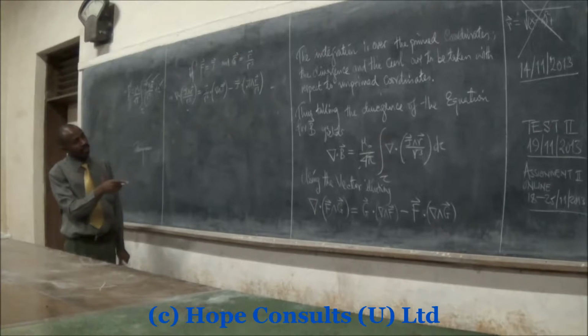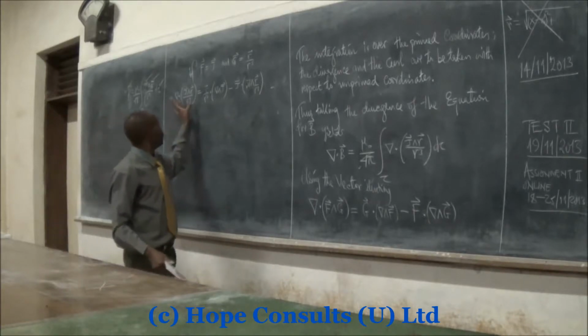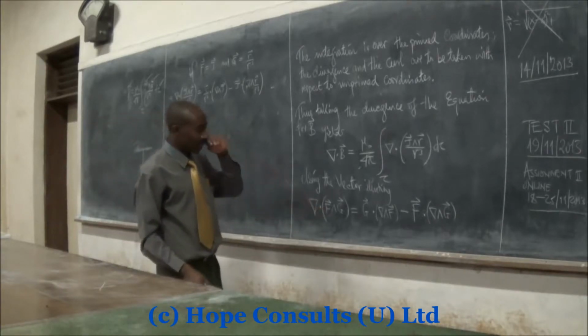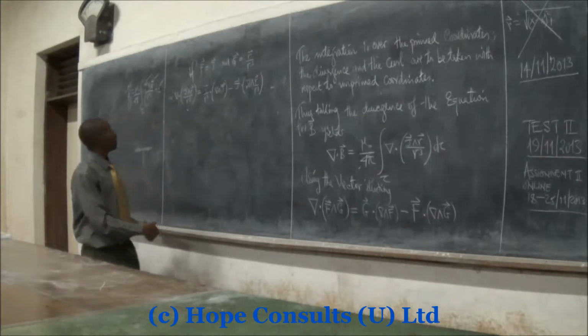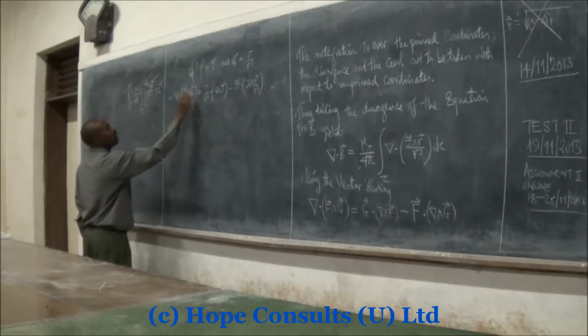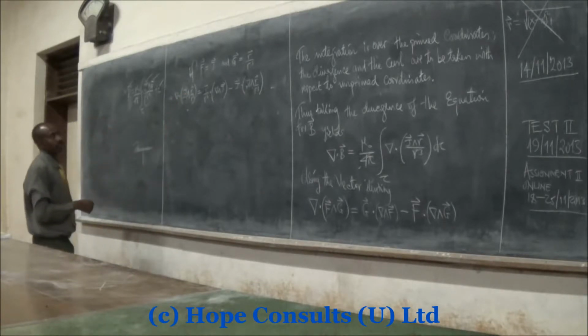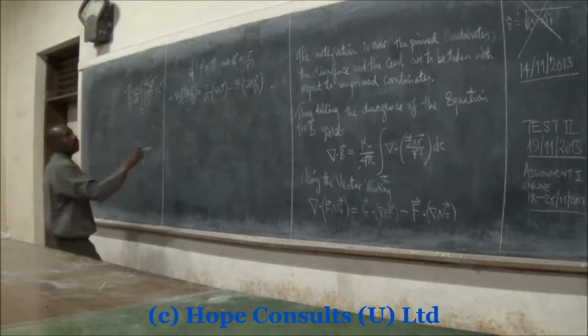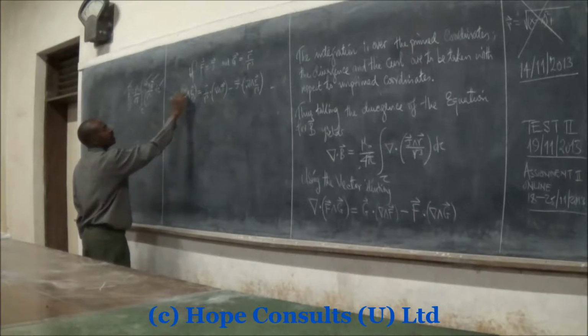So I'll be having the divergence of, so the inside has been made very nice, that instead this now was improved into this over R cubed. Because it doesn't change anything.